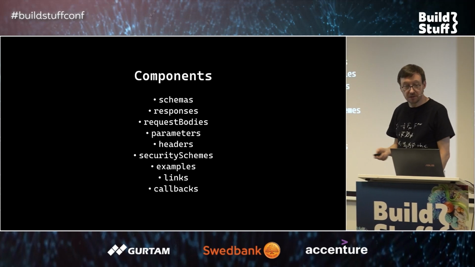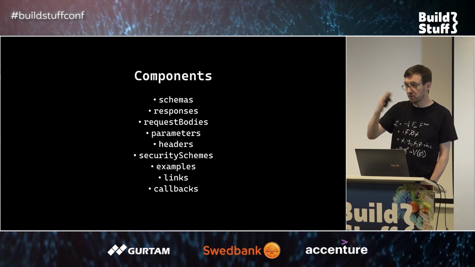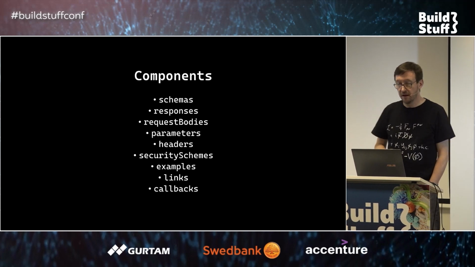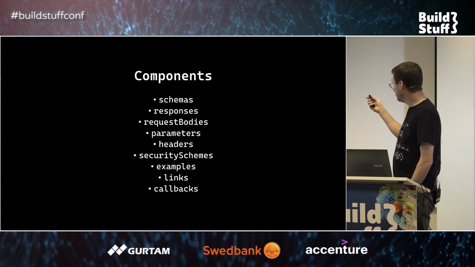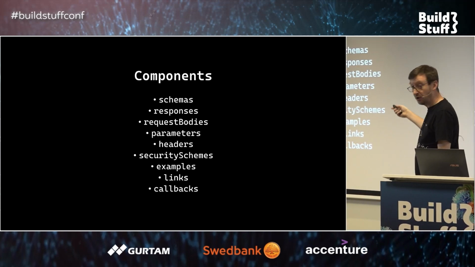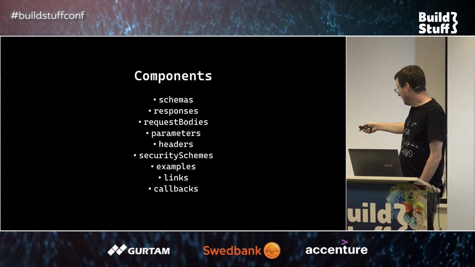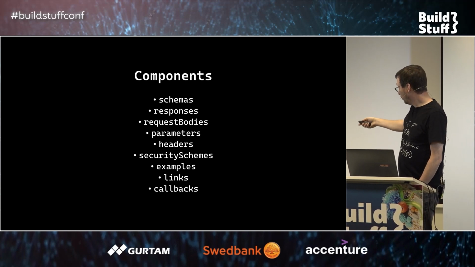So components go down at the bottom of the file, and that's where you put all your reusable objects, your shared objects, that sort of thing. And in components, you can put schemas, responses, request bodies, parameters, headers, security schemes, OAuth or bearer tokens or whatever it might be, examples, links, and callbacks.